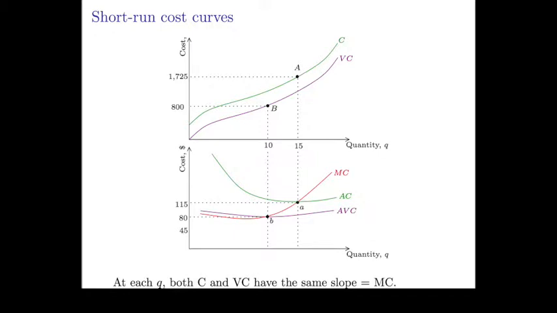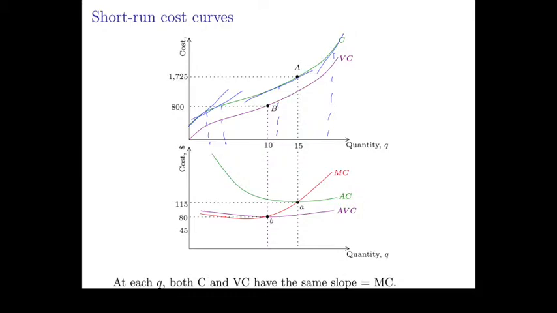Now, what about the marginal cost? Remember when we were looking at the marginal product and the average product, we had a similar relationship between them. We're going to see here that if we draw the slope of the tangent at each quantity, we get the marginal cost.